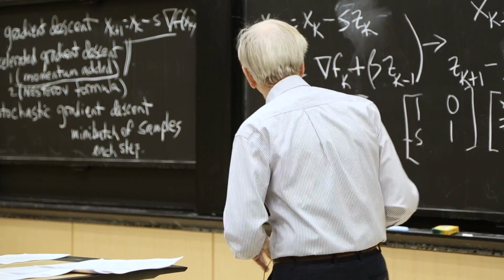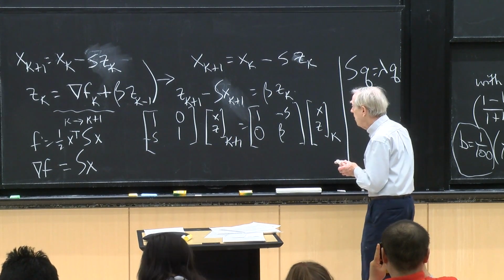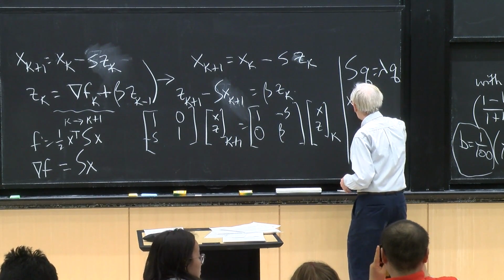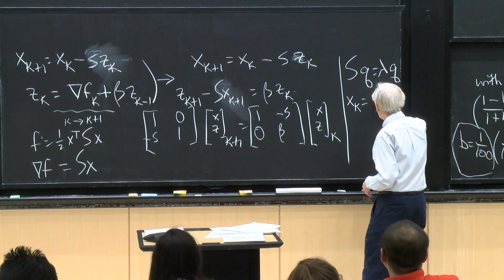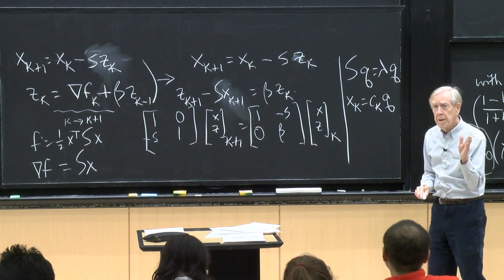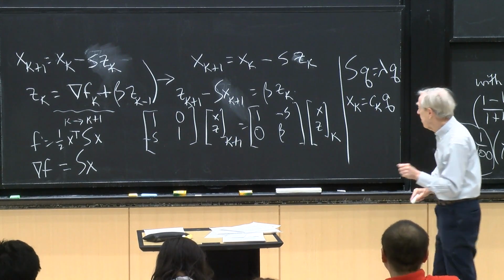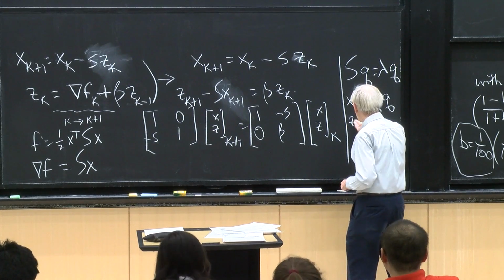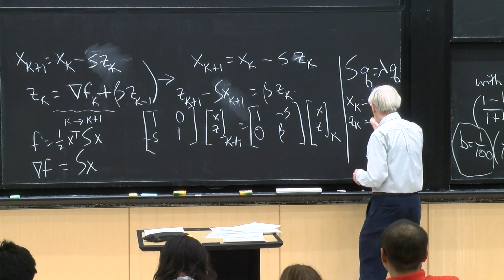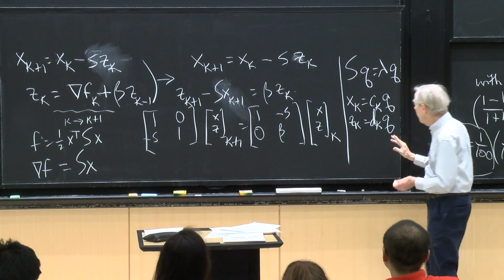So now I want to follow this eigenvector. So I'm supposing that xk is some ck times q. I'm assuming that x is tracking this eigenvector, and I'm going to assume that zk is some other constant times q. Everybody, do you see?